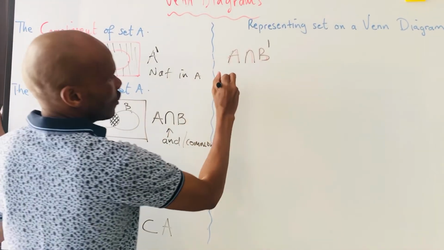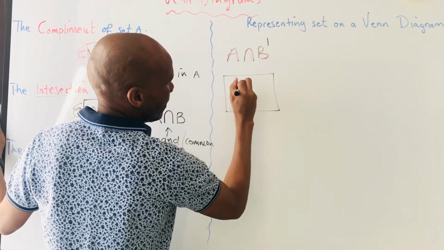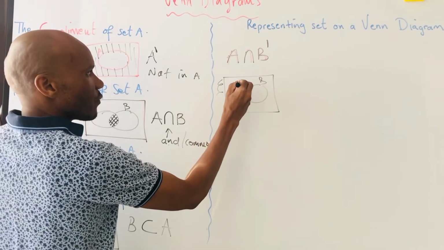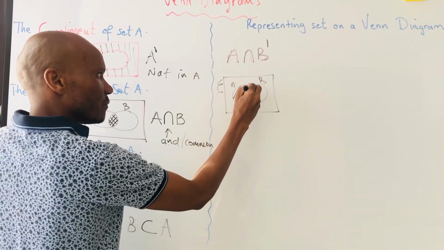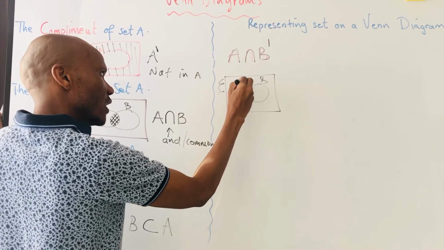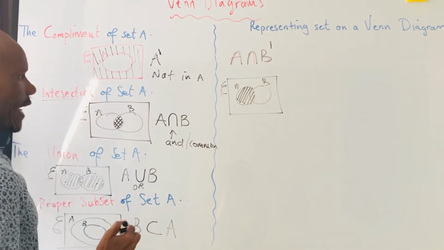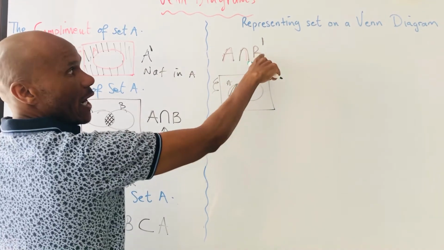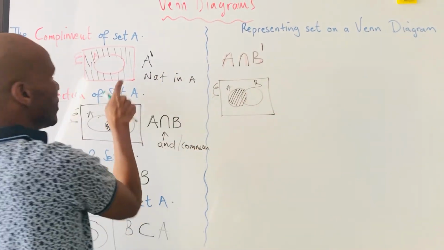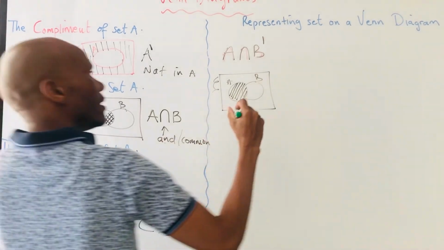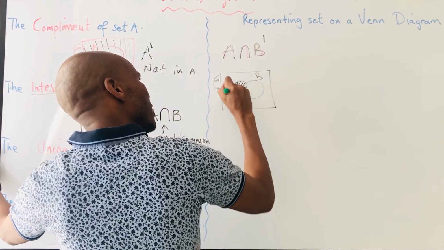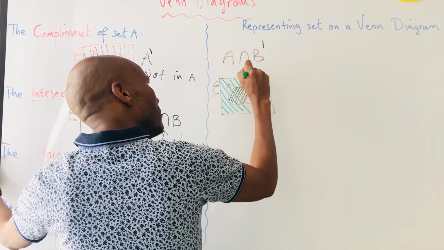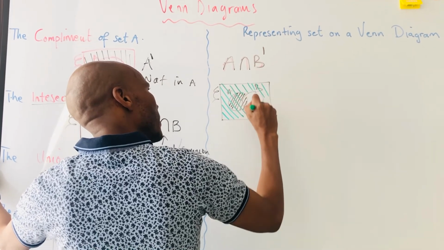I'm going to draw A, and B. I'm shading A. All of A shaded. And now I'll take a different color pen. I'm going to shade B complement. Remember, B complement was everything not in B. So I'm going to shade everything that is not in B.